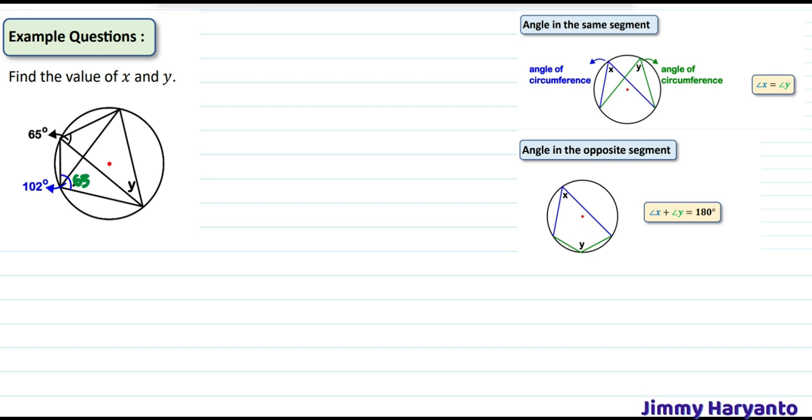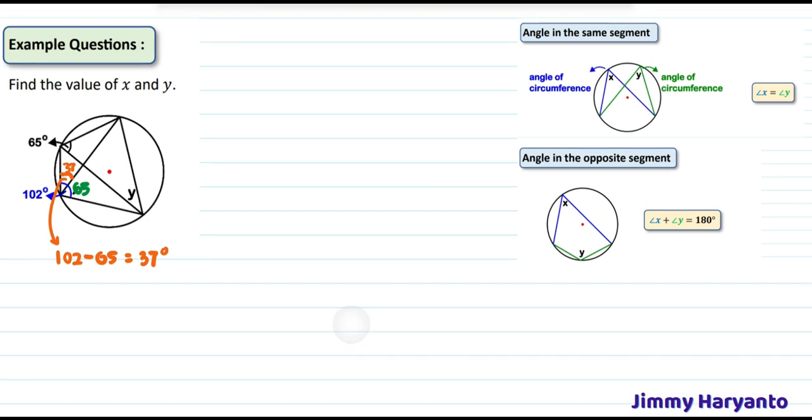And then next is to find the Y. To find the Y, I think we can find this one first, the orange angle. The orange angle will be 102 minus 65 equals 37. So this one is 37.